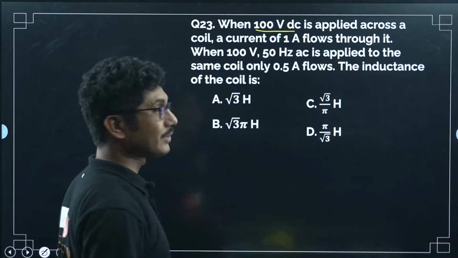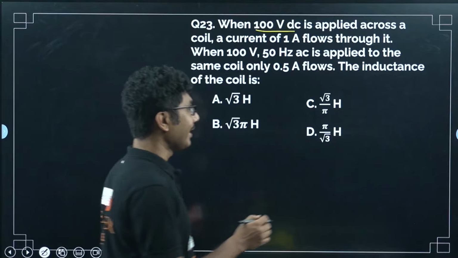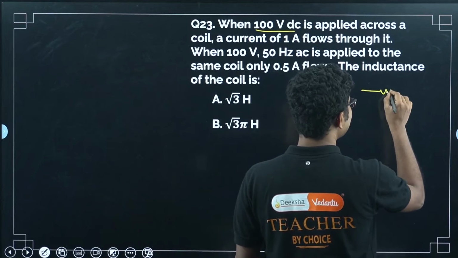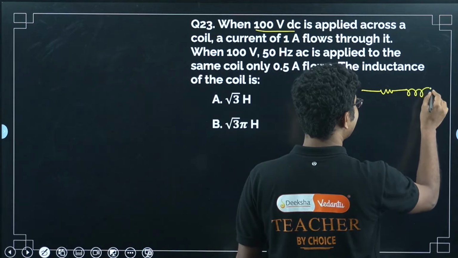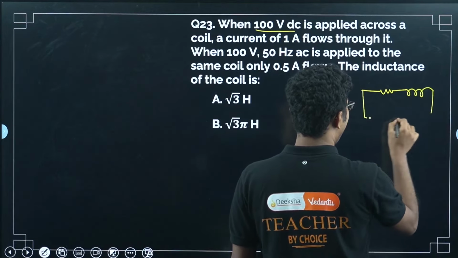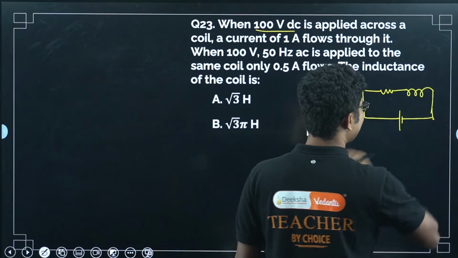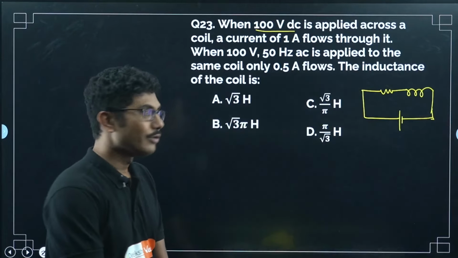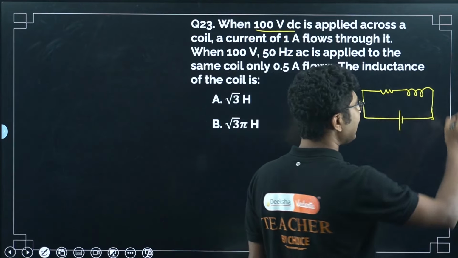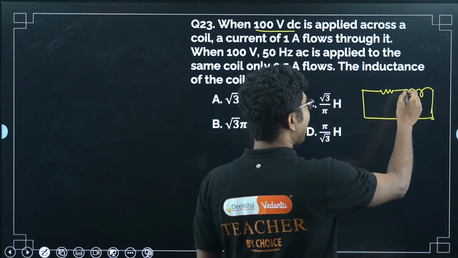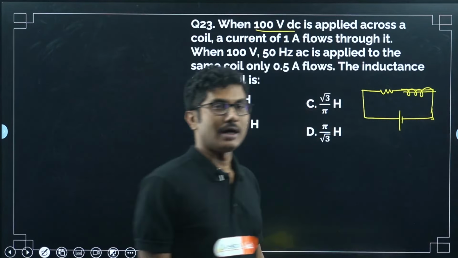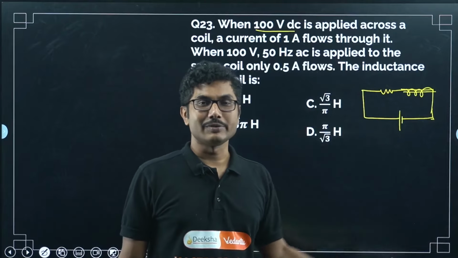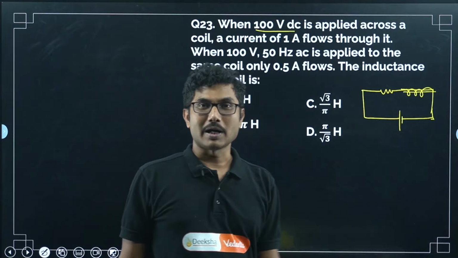So the inductance of the coil is, so basically when you have a resistance and inductance connected, and if you connect this to a DC circuit, you can simply remove this part and consider it shorted, so it will not resist anything, it will simply allow the current to pass through it.